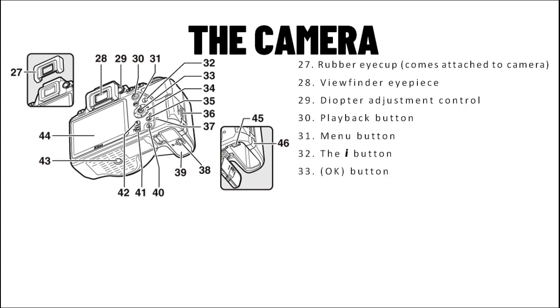Number 33 is our OK button. This is the button right here. When you enter into your menu, you want to select OK at different points. You use that. We have the multi-selector button, number 34. You use it to select differently. So that's the multi-selector button.